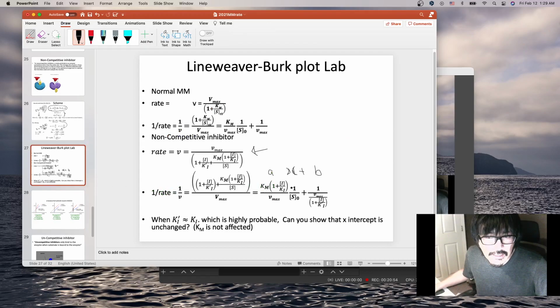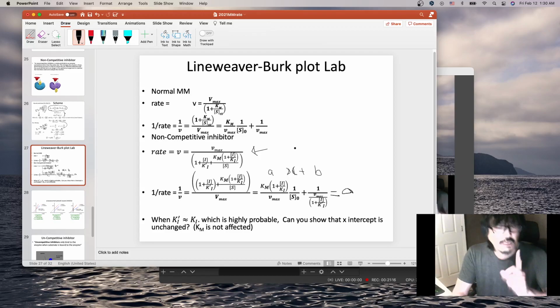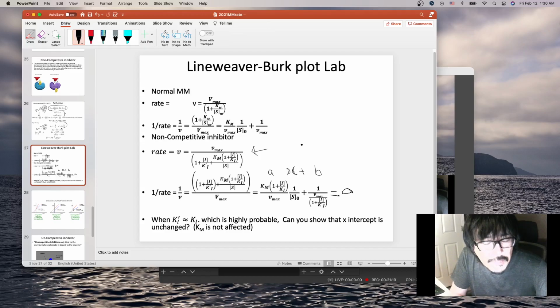Now what about the Km? Now I'm going to have to solve this one. Again, this thing has to be equal to 0. Wow, my pen really isn't working very well. Alright, so when I solve this one, remember that this is a non-competitive inhibition, meaning that it's nearly independent of whether the substrate is attached or not attached.